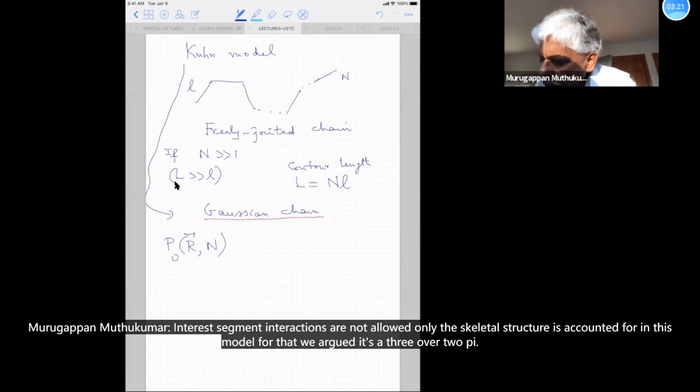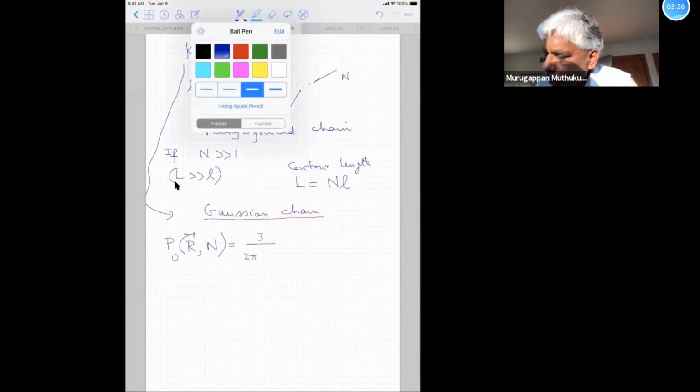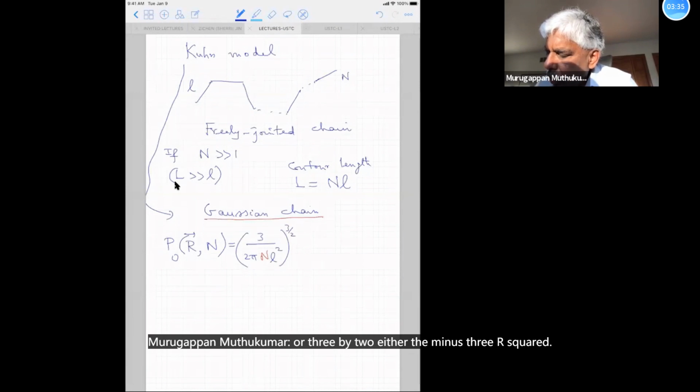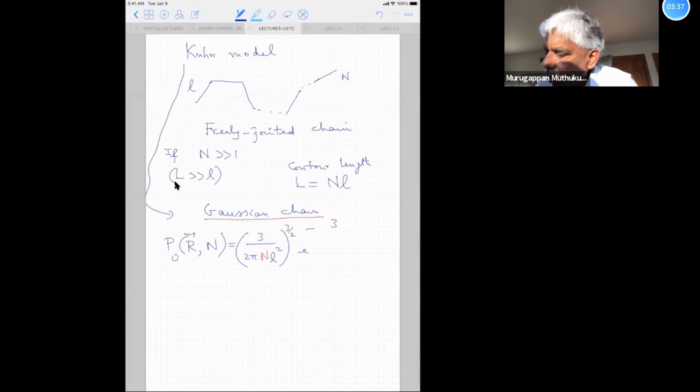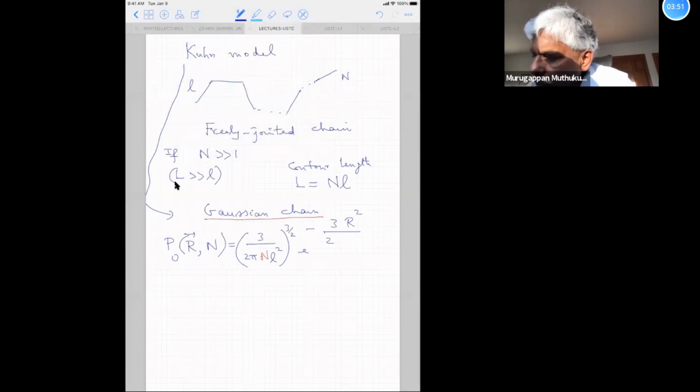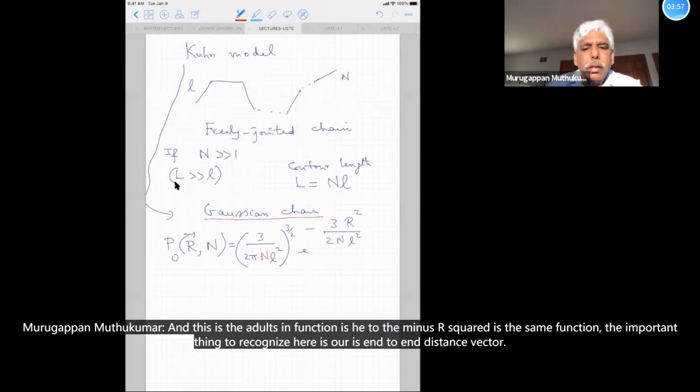For that, we argued it's (3 over 2 pi n l squared) to the 3/2 times e to the minus 3 R squared over 2 n l squared. And this is a Gaussian function.